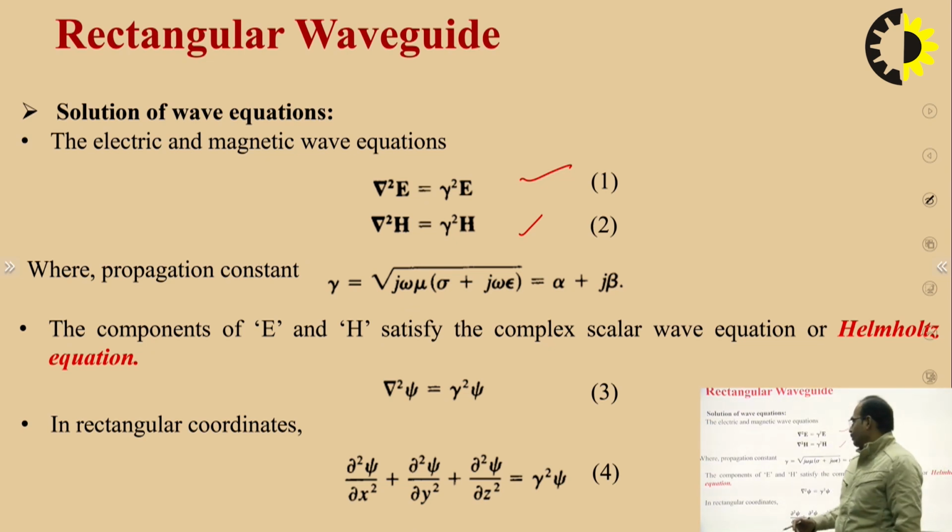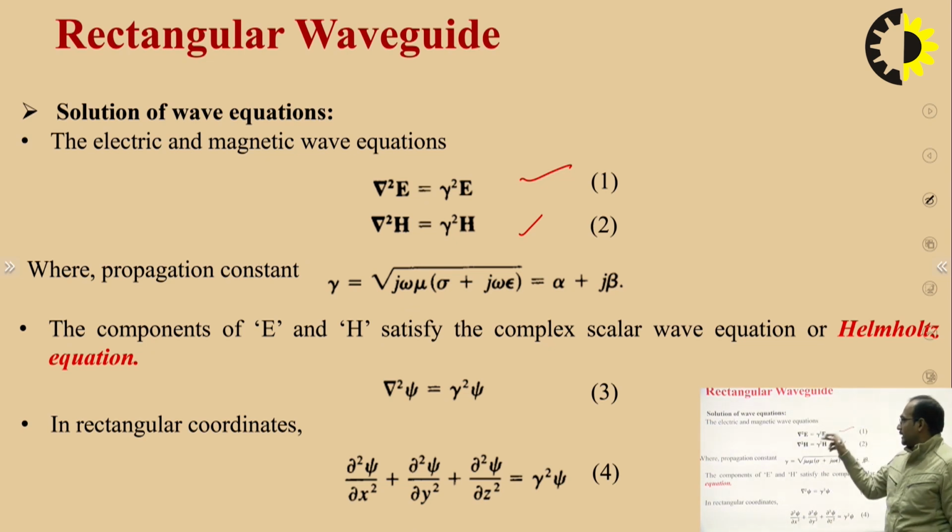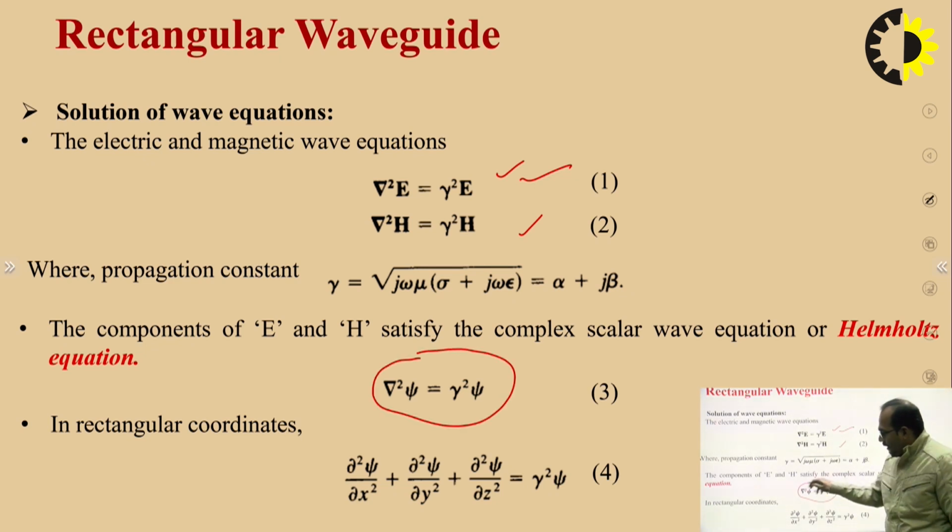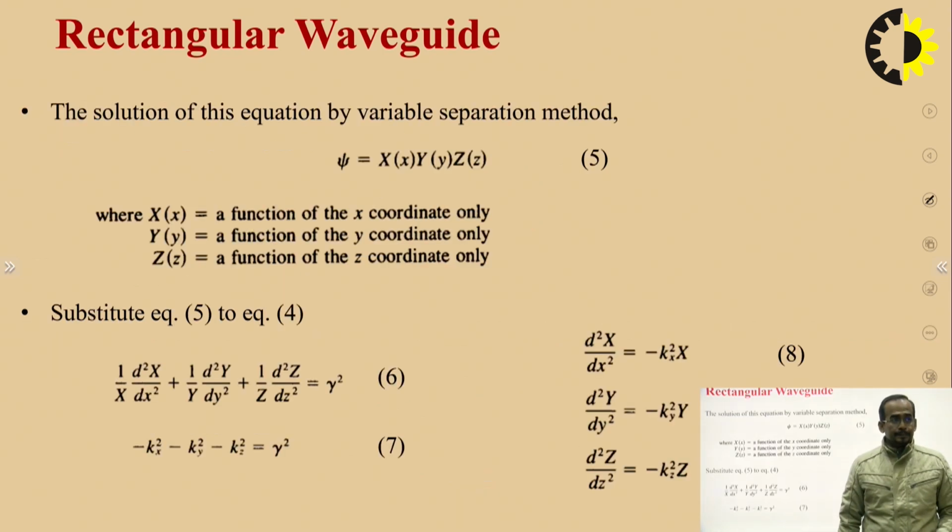Now we have to find the components of this E and H which will satisfy this complex scalar wave equation, that is the Helmholtz equation, del square psi is equal to gamma square psi, and in rectangular coordinates we can write del square psi upon del x square plus del square psi upon del y square plus del square psi upon del z square is equal to gamma square psi.